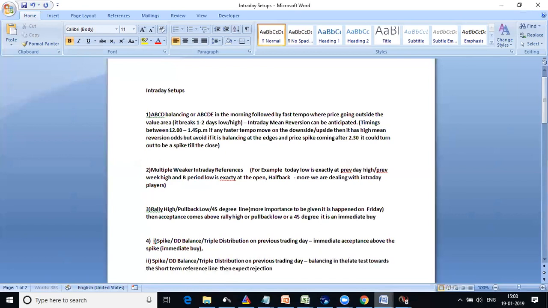Balancing in the first half and a late test towards the short-term reference line, then expect a rejection from there.